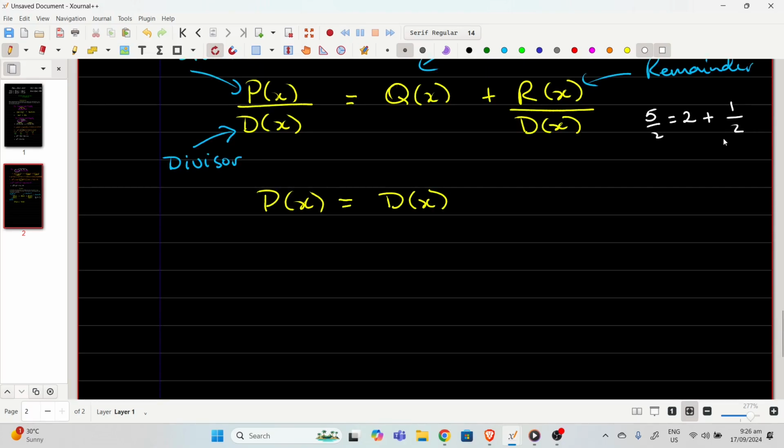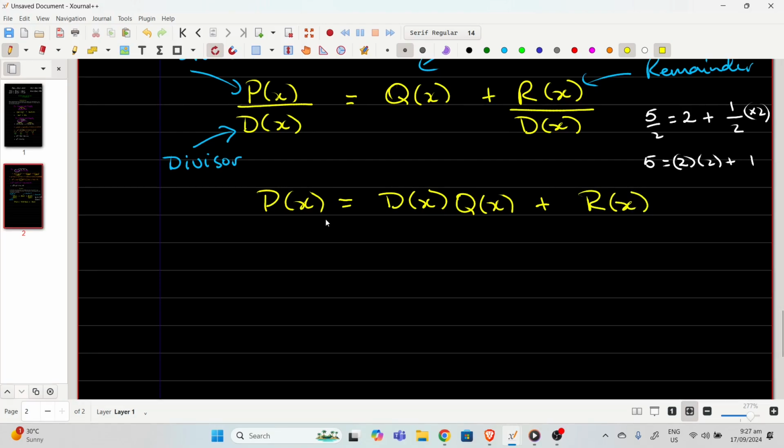When we multiply everything by 2, we get that 5 is equal to 2 times 2 plus 1. Notice you get back the same 5 on the top. Similarly, in that principle, you would have q of x times d of x plus the remainder r of x.